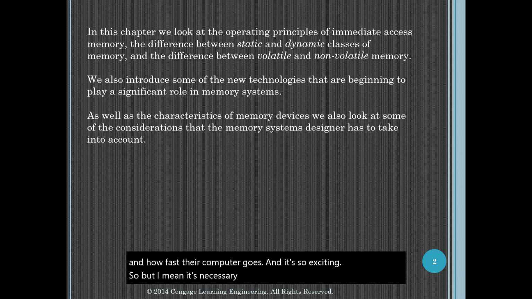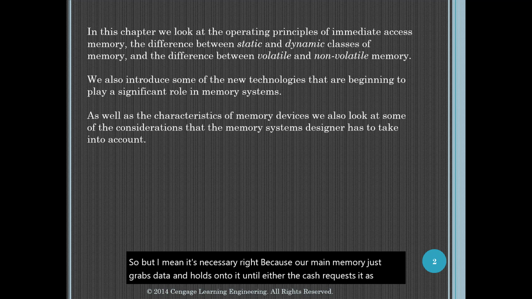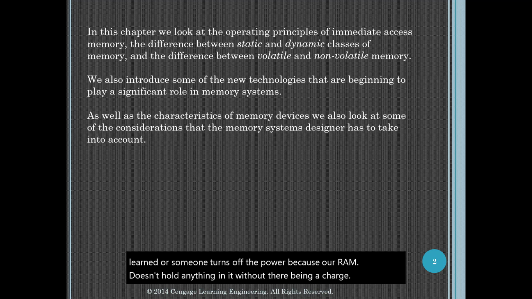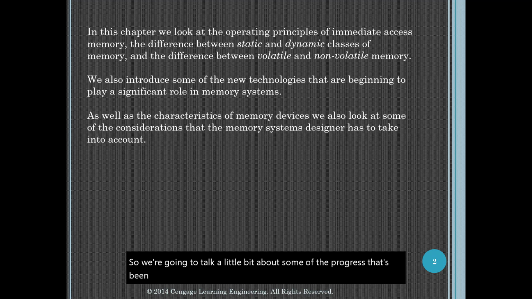Because our main memory just grabs data and holds on to it until either the cache requests it, as we learned, or someone turns off the power, because our RAM doesn't hold anything in it without there being a charge. So we're going to talk a little bit about some of the progress that's been made in memory technologies over the years and some of the problems and how we've overcome those.